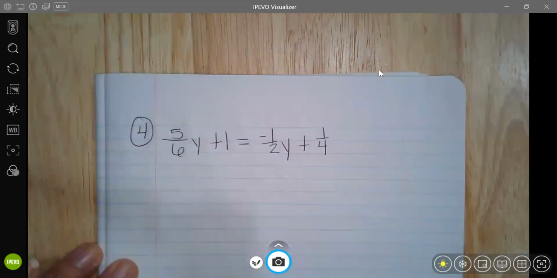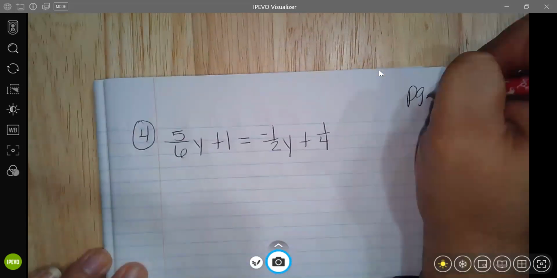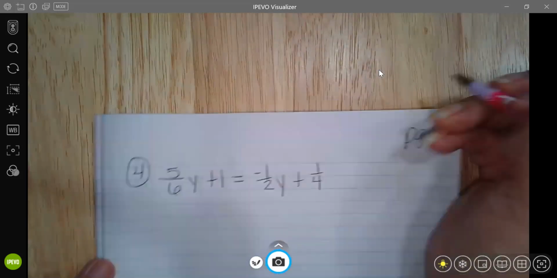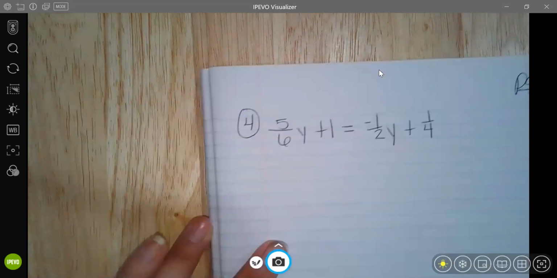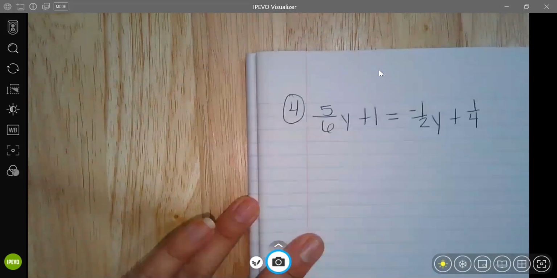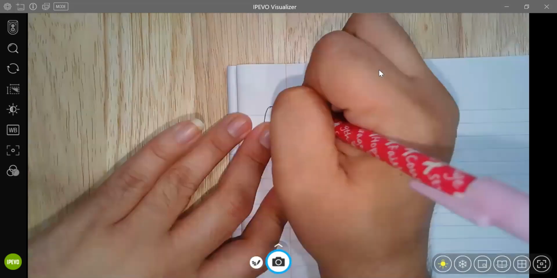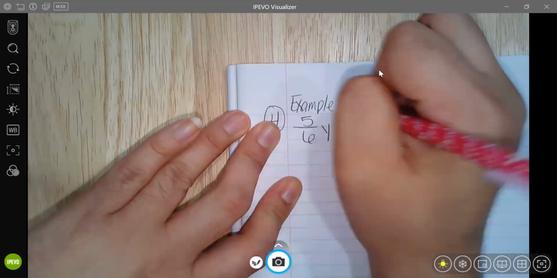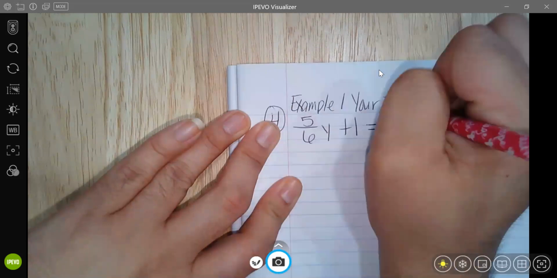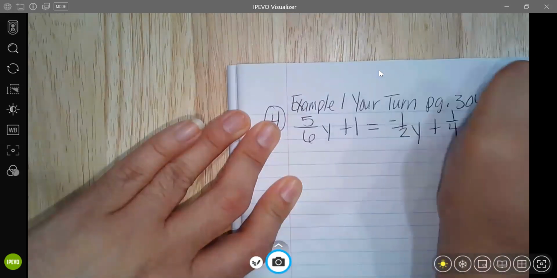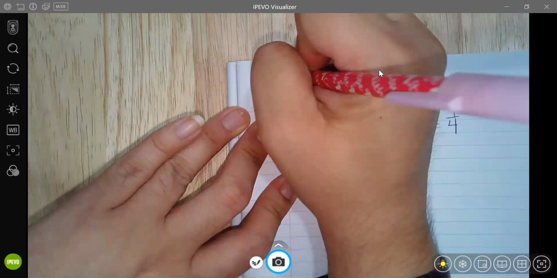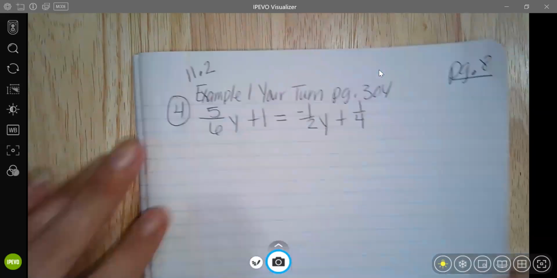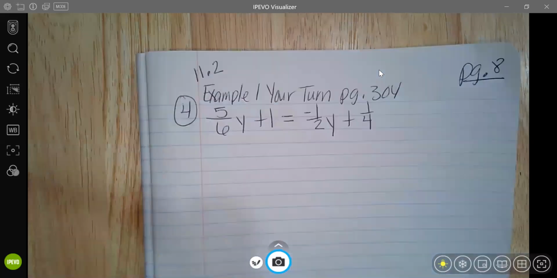I'm going to label this one page 8. Page 8. So we remember, this is example 1, Your Turn, page 304, and this is for module 11.2. That's just for me to remember, for you to remember too if you need it.